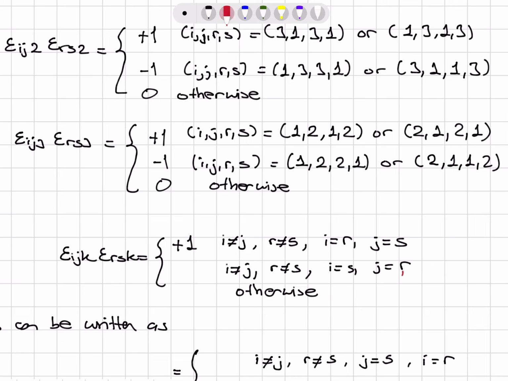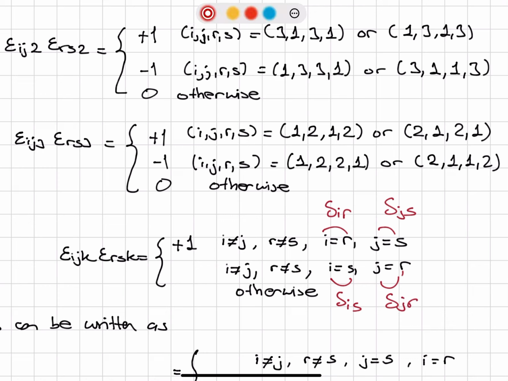This means I have a Kronecker delta here. i must be equal to r, j must be equal to s. And if i is equal to s, then I have Kronecker delta is, and here I have Kronecker delta jr. And that's this scenario, i is equal to s, j is equal to r, inners and outers. That gives me a minus 1. And it's going to be 0 otherwise.